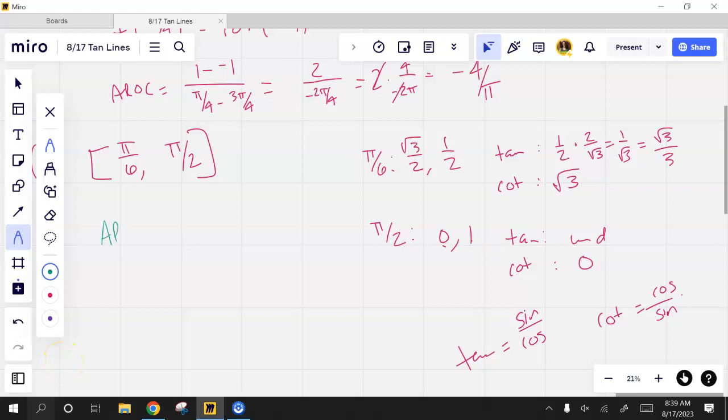on this interval, y2 minus y1 over x2 minus x1, or vice versa. Remember, I'm talking about cotangents. So I'm doing f of pi over 2.